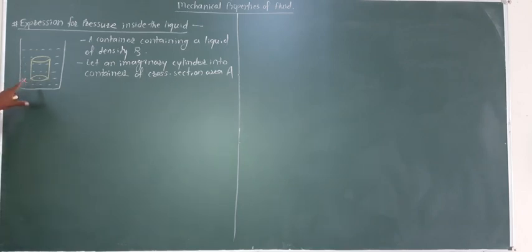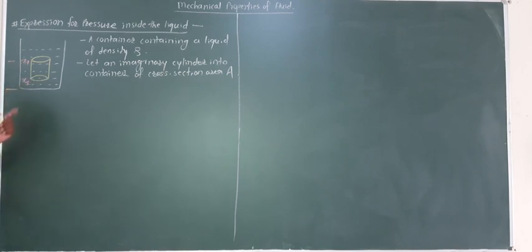The first reference point x1 is at the top of the imaginary cylinder, and the second reference point x2 is at the bottom of the imaginary cylinder. Both points are measured from the bottom of the container. The top of the cylinder is at distance x1 from the bottom of the container, and the bottom of the imaginary cylinder is at distance x2.